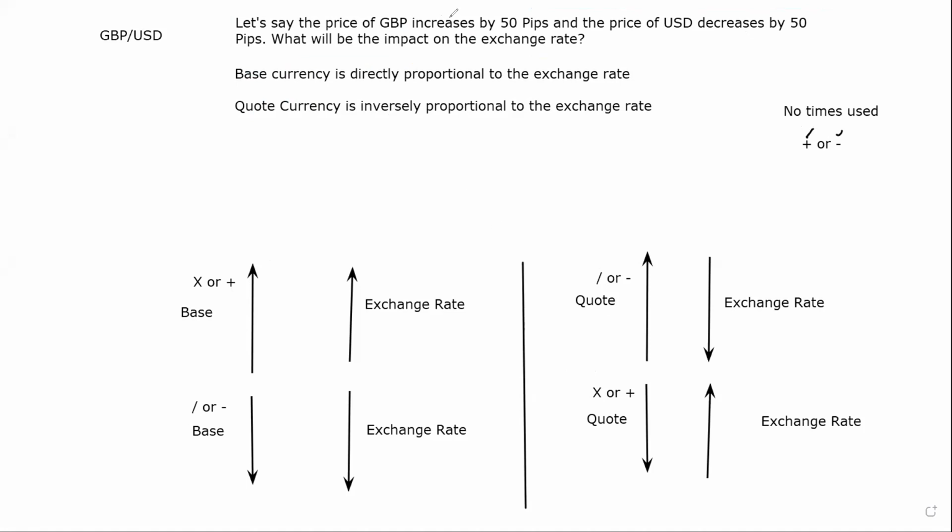It says that the price of GBP increases by 50 pips. So the base asset is increasing, so we're going to use plus. And the price of USD decreases by 50 pips. The quote currency is decreasing, so we're also going to use plus. So let's do it. Plus 50 and plus 50. The answer would be plus 100.